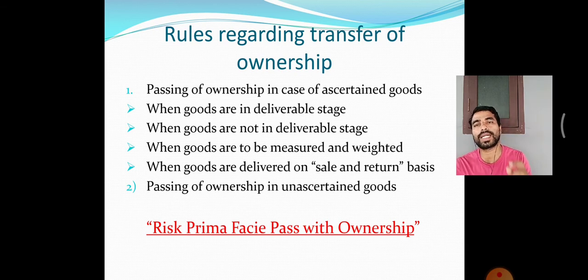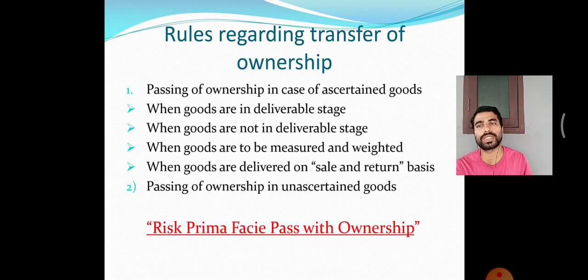Now when the goods are in a deliverable state, the question is when the ownership is transferred. When the goods are in a deliverable state and are delivered to the buyer, the ownership is transferred.